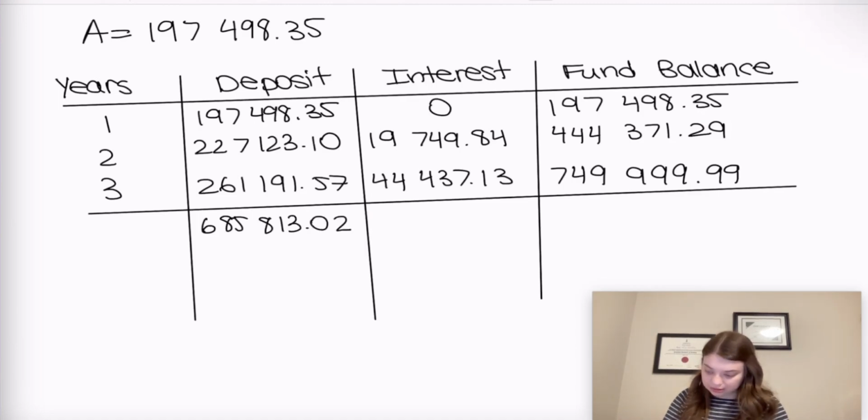And then as for the total interest, that's going to be 0 plus $19,749.84 plus $44,437.13. That is a total of $64,186.97. And there we go.